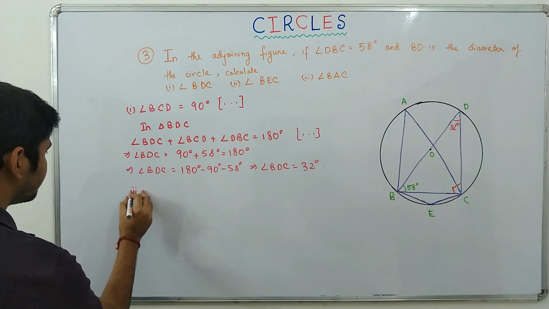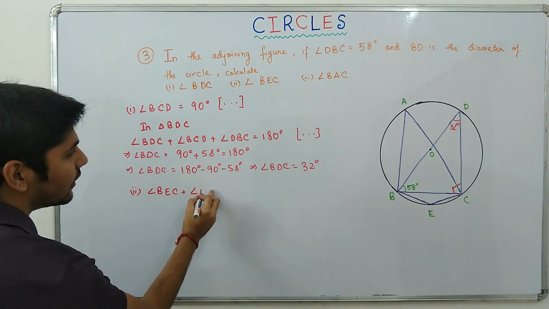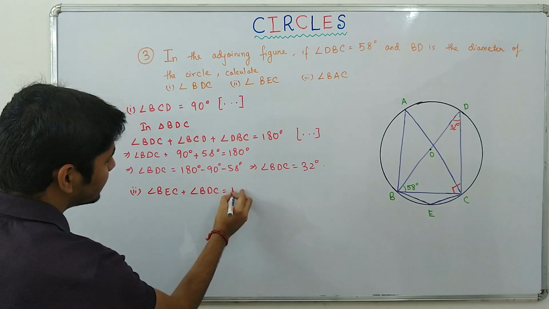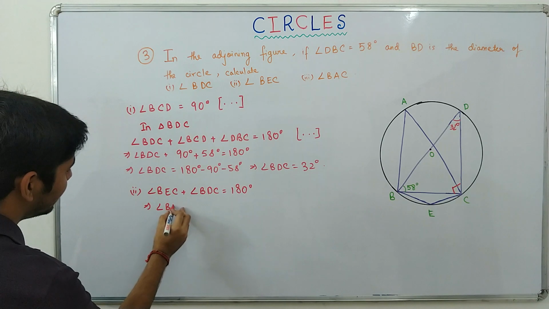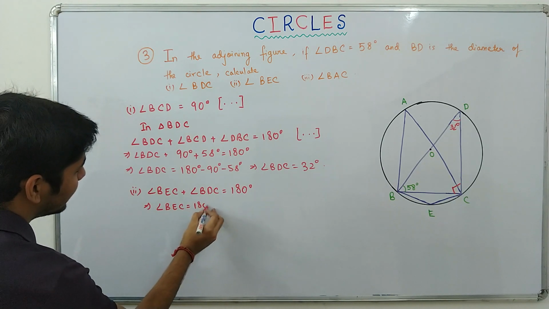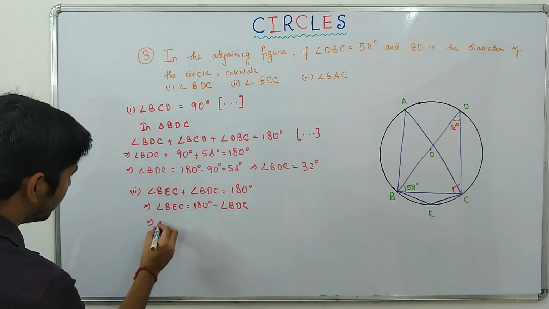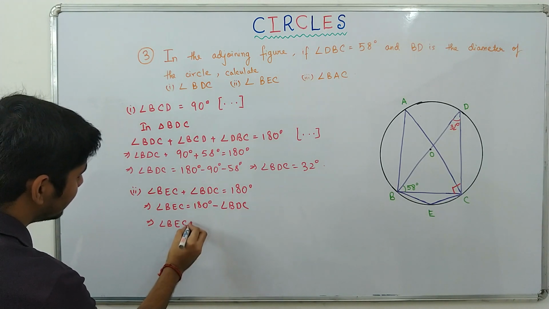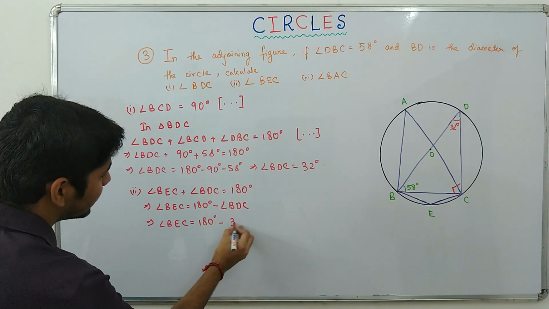Number 2, angle BEC plus angle BDC is equal to 180 degree. Therefore angle BEC is equal to 180 degree minus angle BDC. So angle BEC is equal to 180 degree minus 32 degree.